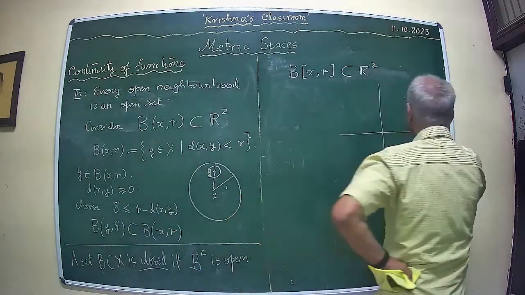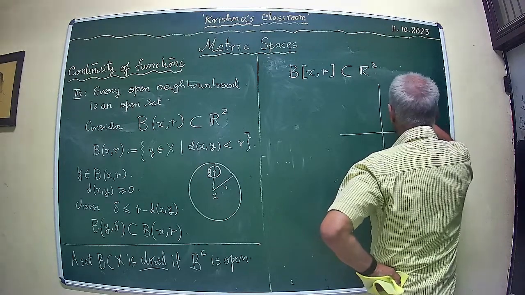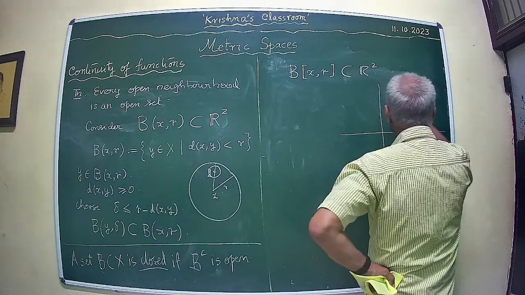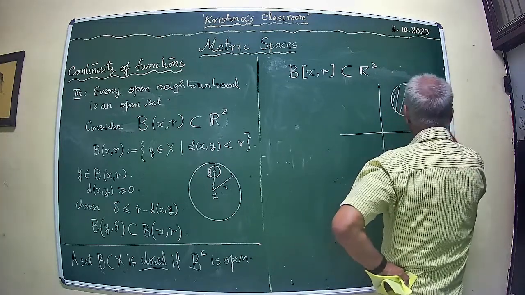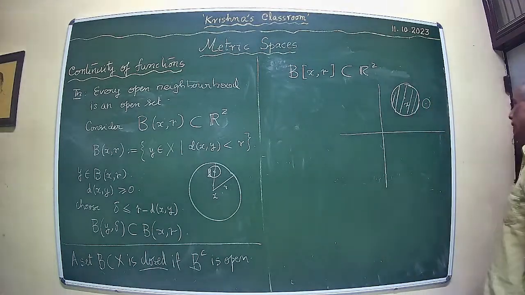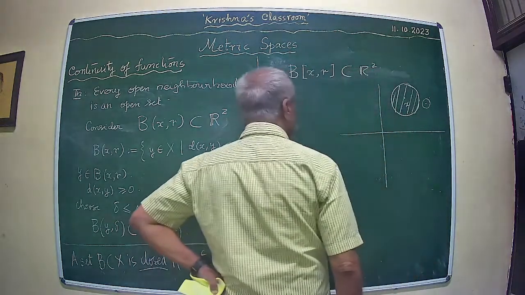So this is it, x. So you have the boundary also in it. Now you see that take a point outside, then you can find a neighborhood lying inside that. Therefore, this is what's called a closed set.